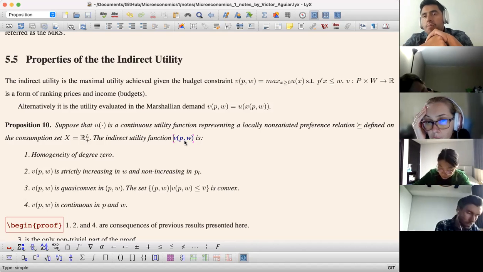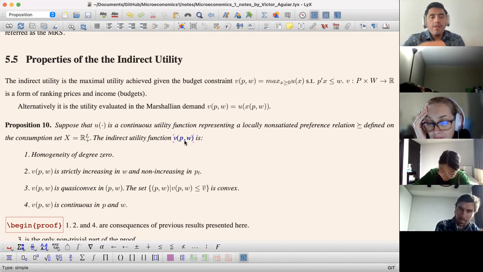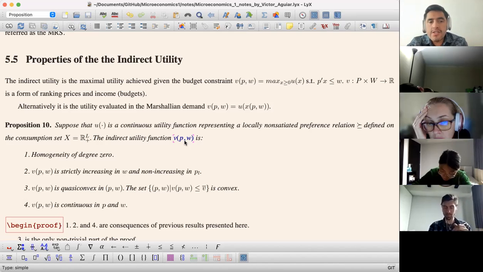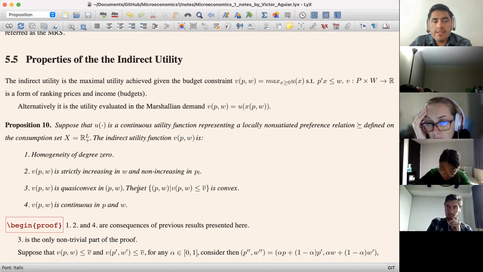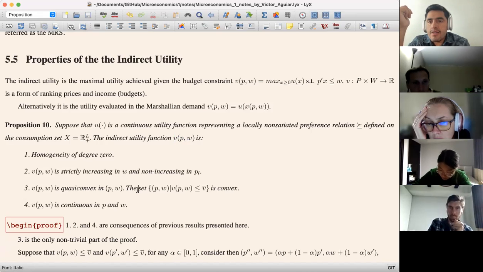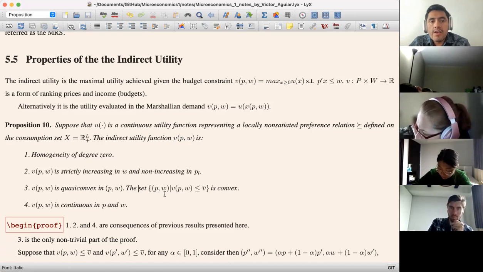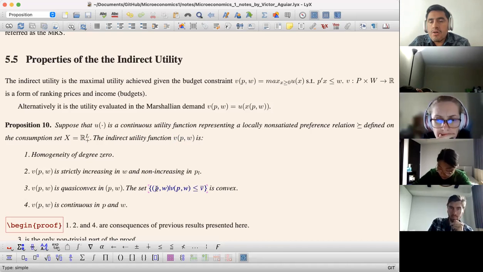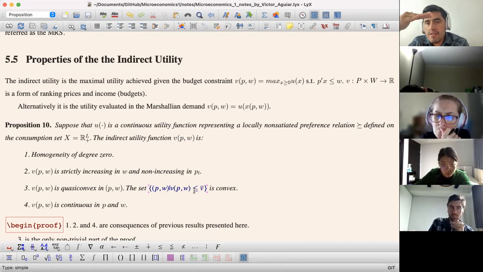Finally, there are some shape constraints of the indirect utility. In particular, the indirect utility is something that is called quasi-convex. In fact, Mas-Colell defines what is quasi-convex. The meaning is the following: if you take the set of prices and income such that the indirect utility of such price and income is less than or equal to V bar, for a fixed level of indirect utility, that set is convex.